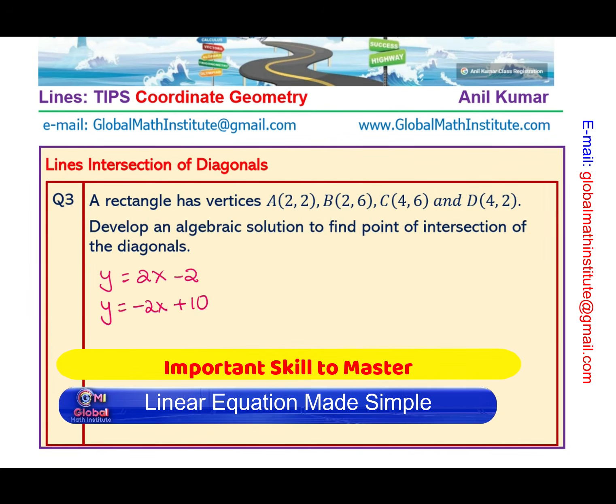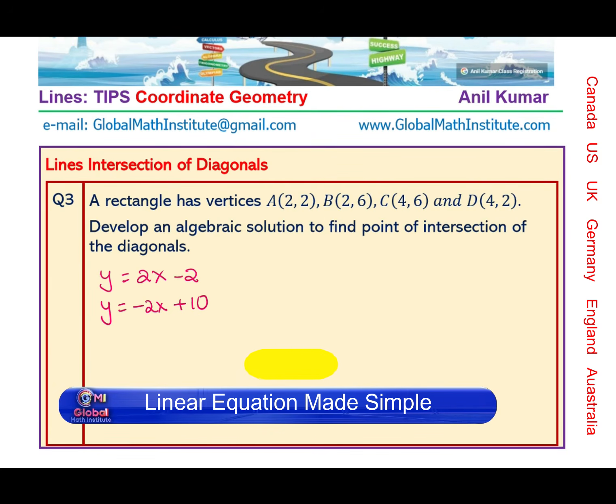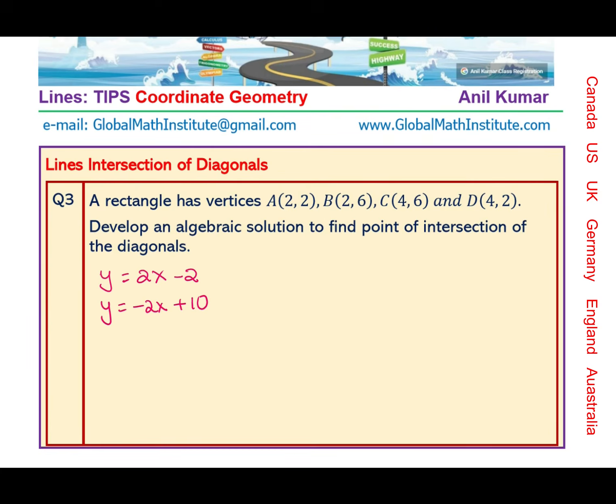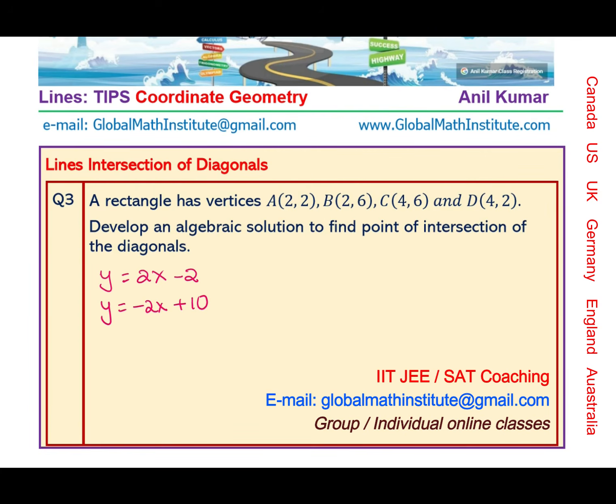Right? So these are the two equations which we have. The rising line will have negative 2 as its y-intercept. Now these are equations 1 and 2.